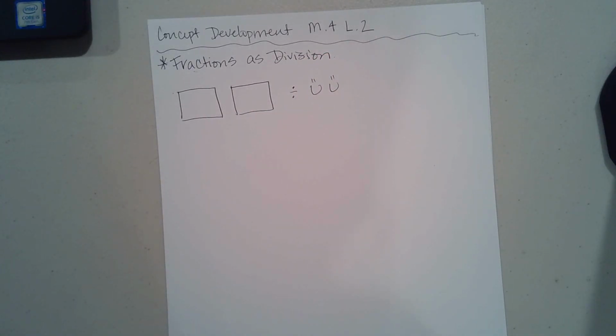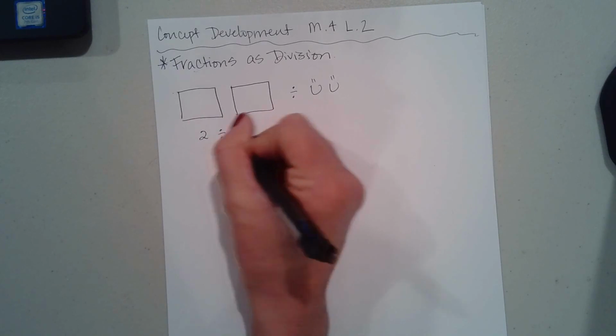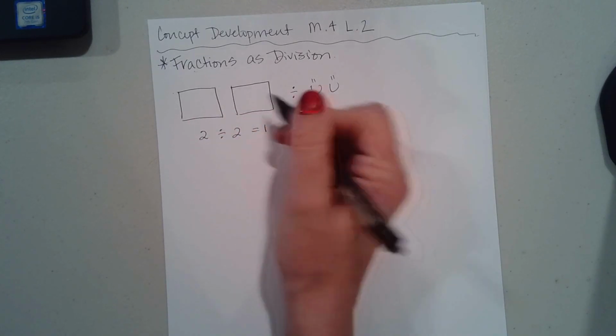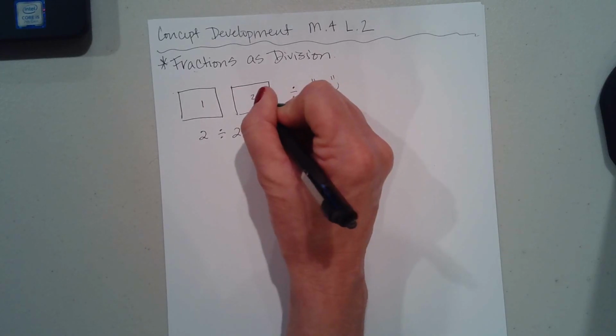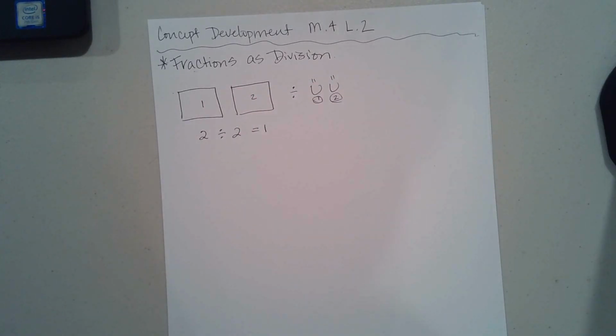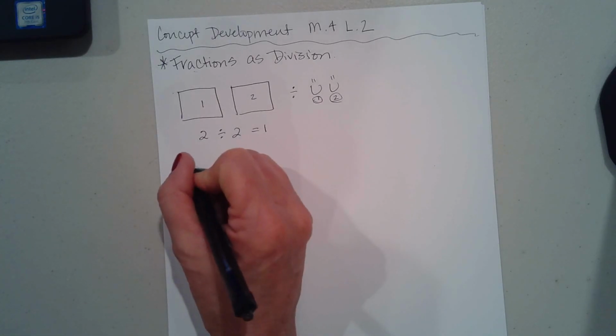How much cracker does each person get? Well, 2 divided by 2 is equal to 1. One person gets 1 and a second person gets 1, right? Okay, so let's show this.